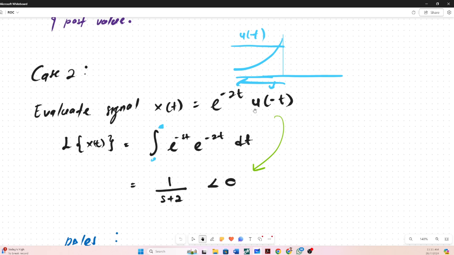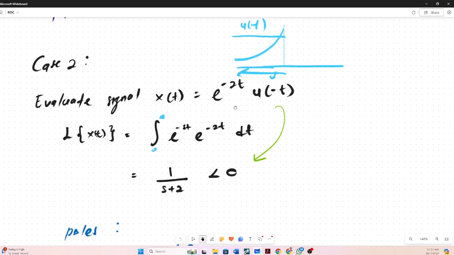First of all, we need to imagine what the signal looks like. u(minus t) is a unit step at the left side, from 0 to minus infinity, so the signal only happens on this side. Then the exponential minus 2t is a curve to the left side.